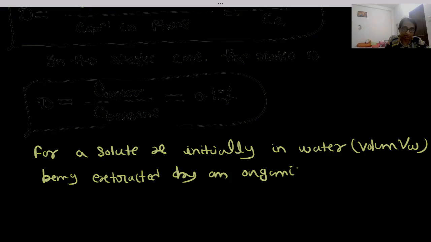In this case, what is the organic solvent? Organic solvent is benzene, right? And the volume of organic solvent is Va, right?